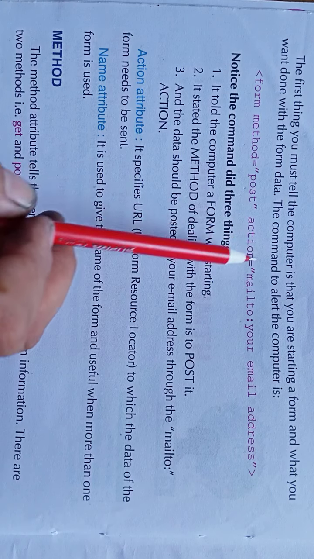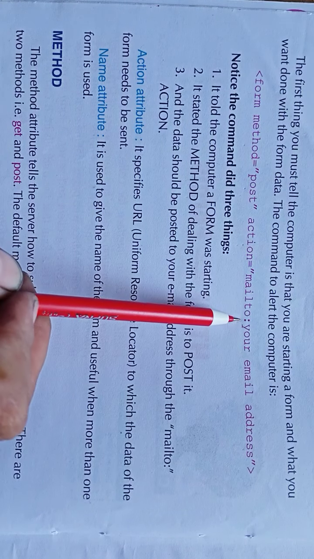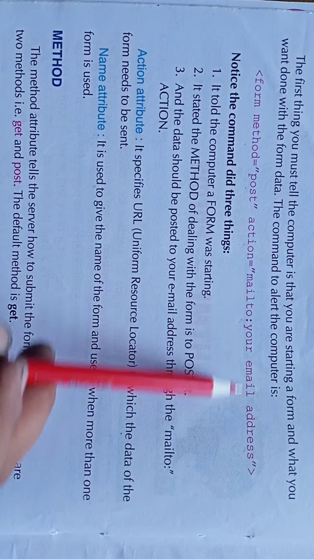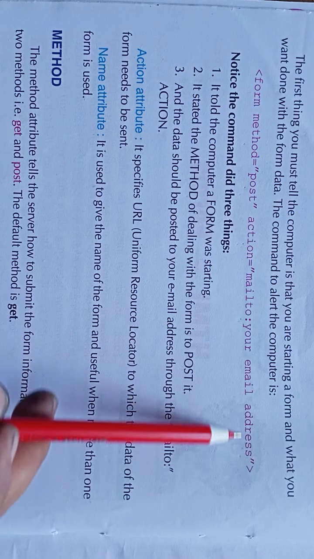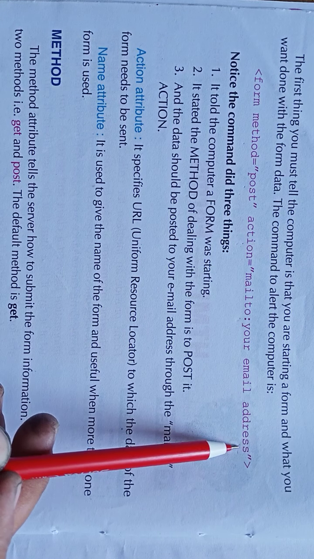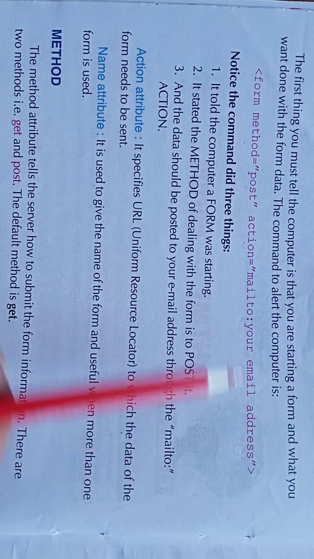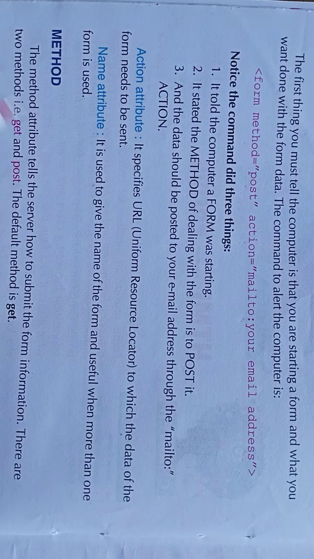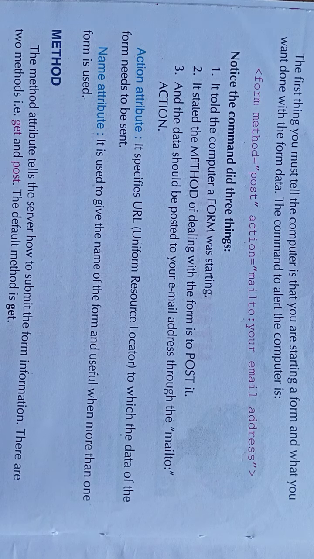Here the action is sending it to this address. This mailing address is actually a uniform resource locator where the information will be received. And the name attribute is the name that is given to the form, because every form needs to have a name. That is done with the name attribute.